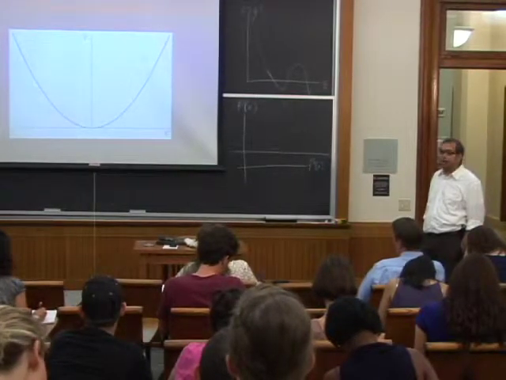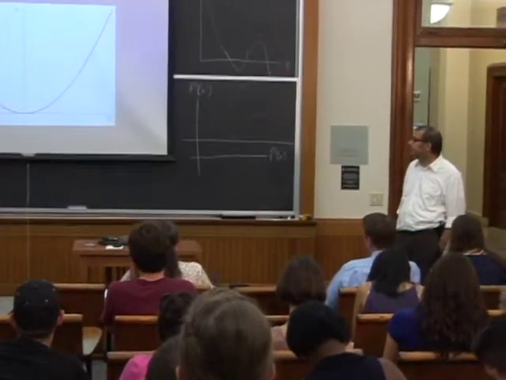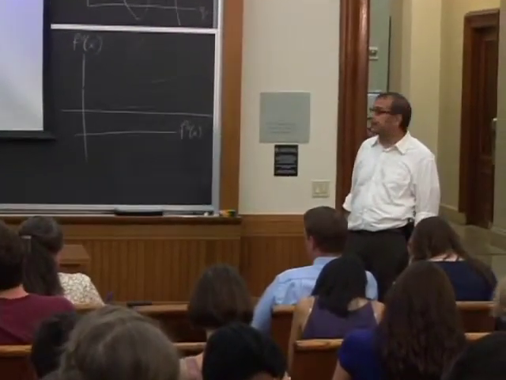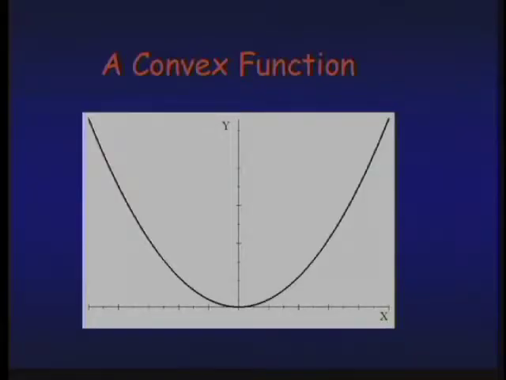A convex function is just the opposite. Slope is always increasing. So what's going on here? Up here, the slope is steep but negative. So the slope here is a large negative number, let's say -8.